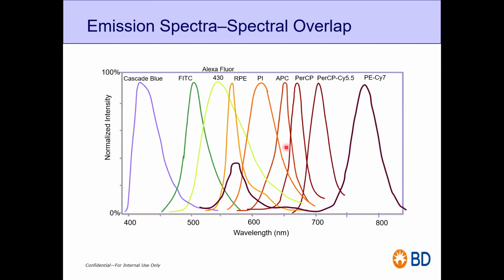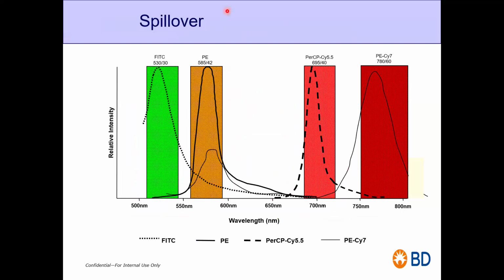As I told you in the previous slide, your sample has an emission and excitation spectrum. So basically it forms a wave kind of thing. It is not always a single line, it will form a band. And when it forms a band or a wave, it will spill over into other channels as well. So the FITC signal is spilling over into PE, and also a little bit into PerCP.